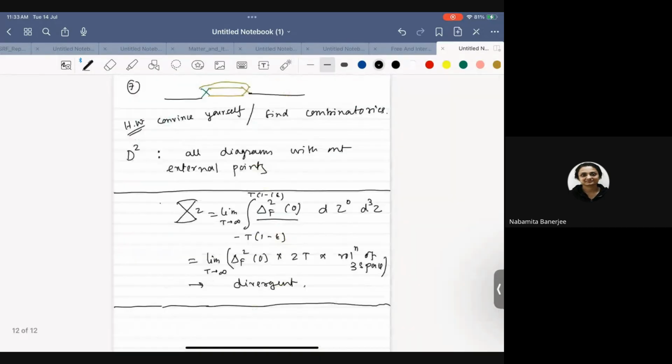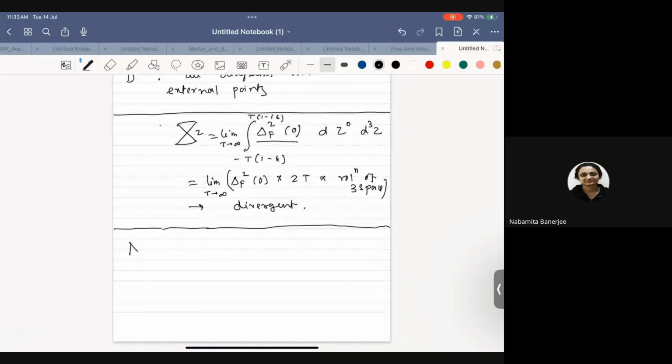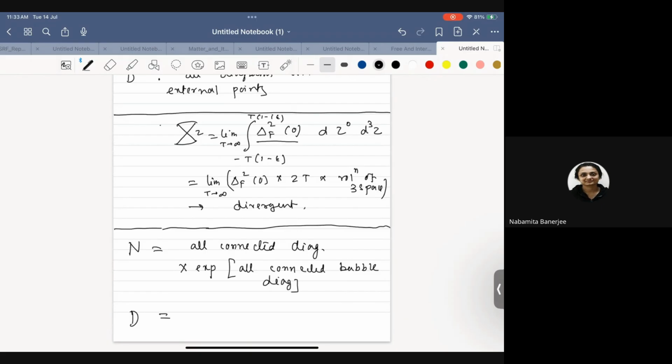So the result is the following: this n, you can always write as all connected diagrams, I will define for you in a minute, times exponential of all connected bubble diagrams. And the denominator is always exponential of all connected bubble diagrams.